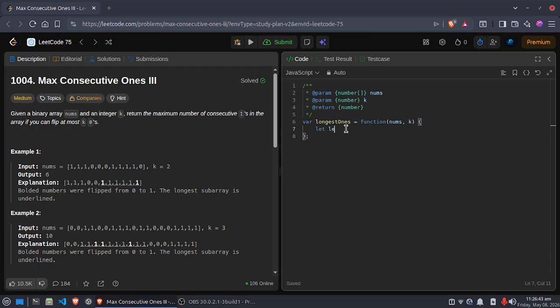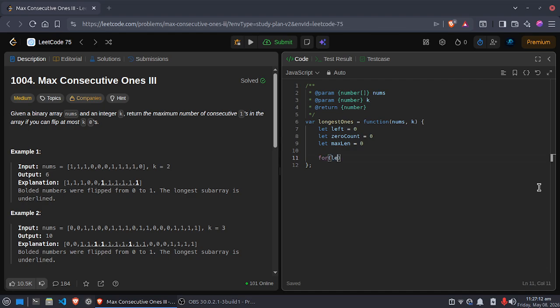Let left is equal to 0, it denotes the starting index of the subarray. Let zeroCount is equal to 0, so we can check how many zeros we have seen till now. Let maxLength is equal to 0, and this maxLength we have to return from this function.